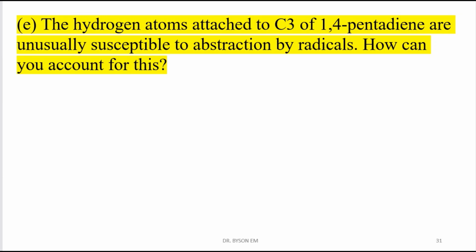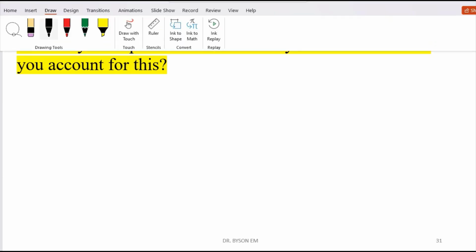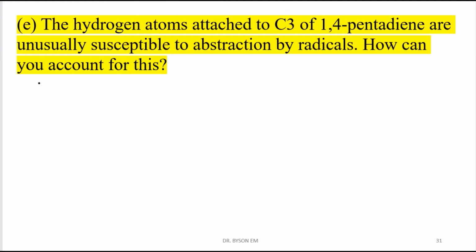So E, saying there, the hydrogen atoms attached to carbon 3 in 1,4 pentadiene. So this is pentadiene here. Carbon 1, 2, 3, 4, 5. 1,4, so there's a double bond on carbon number 1 and on carbon number 4.